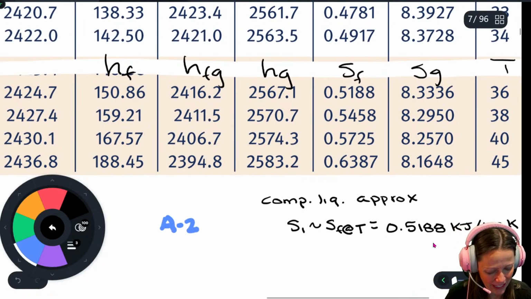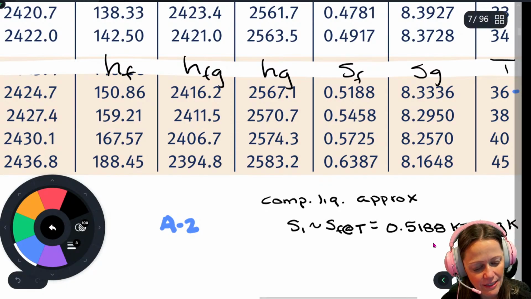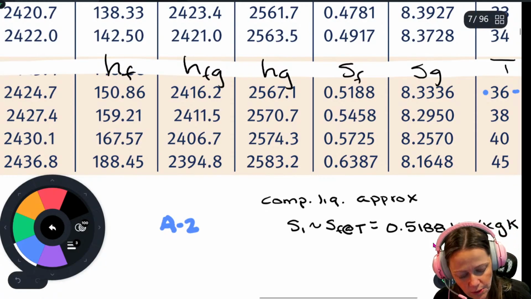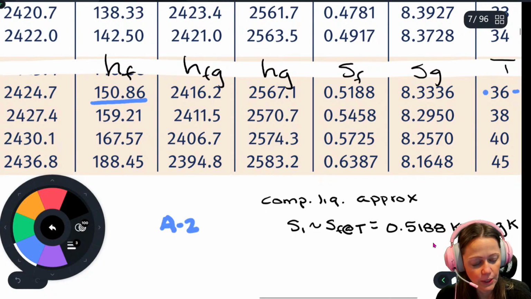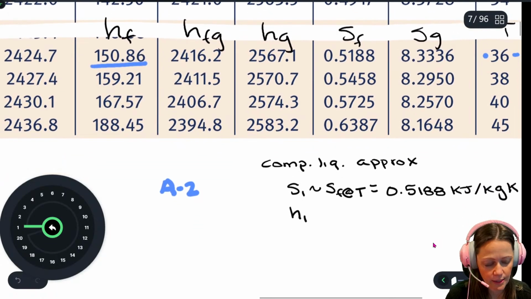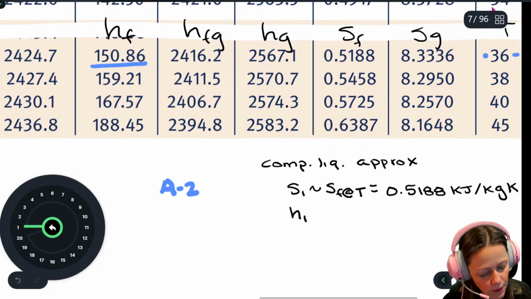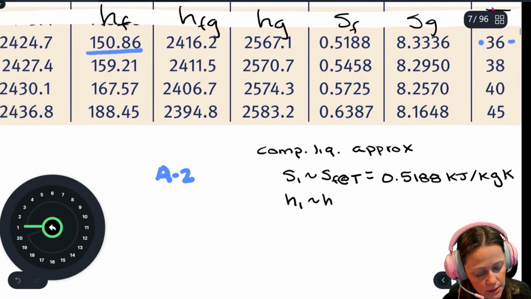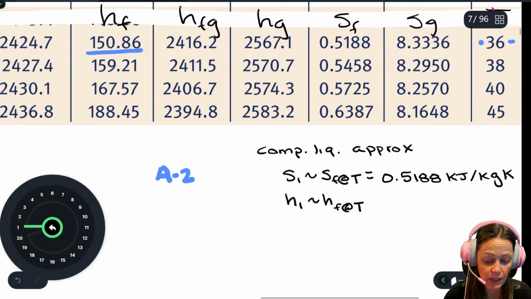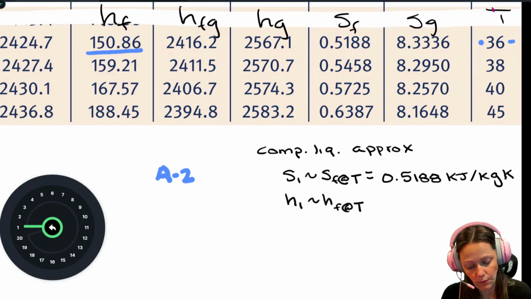At state 1, at 36 degrees Celsius and 3 bar, we figured we were compressed, and we're just going to use a compressed liquid approximation. Just like s1 was approximately s sub f at T, we're going to say h1 is approximately h sub f at T. So 150.86 kilojoules per kilogram.